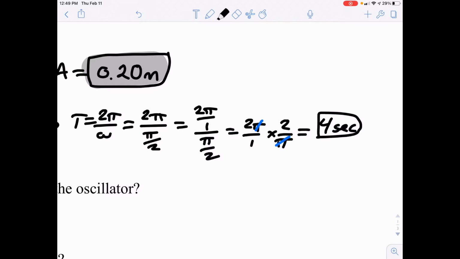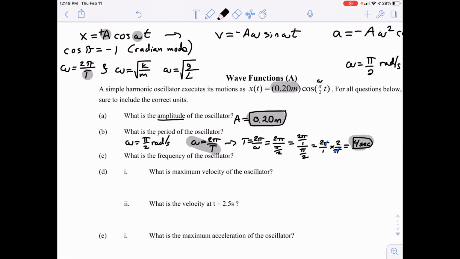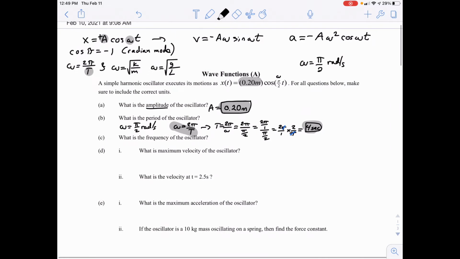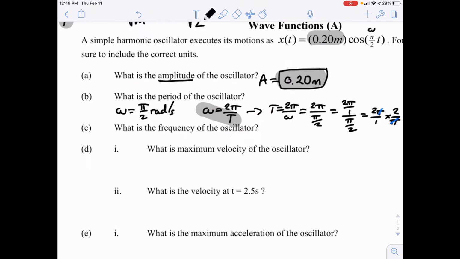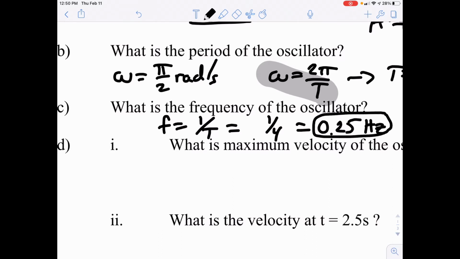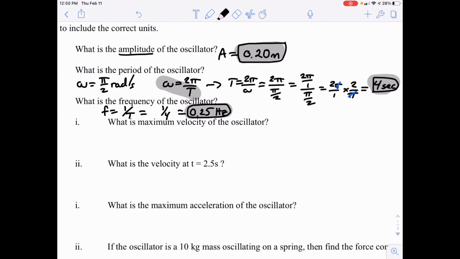So what that means is all three of our functions and waves that result from these functions, position, velocity, and acceleration, must repeat every 4 seconds. What's the frequency of the oscillator? Well, frequency is just the inverse of the period, so 1 over 4 or 0.25 hertz. Okay, what is the maximum velocity of the oscillator?